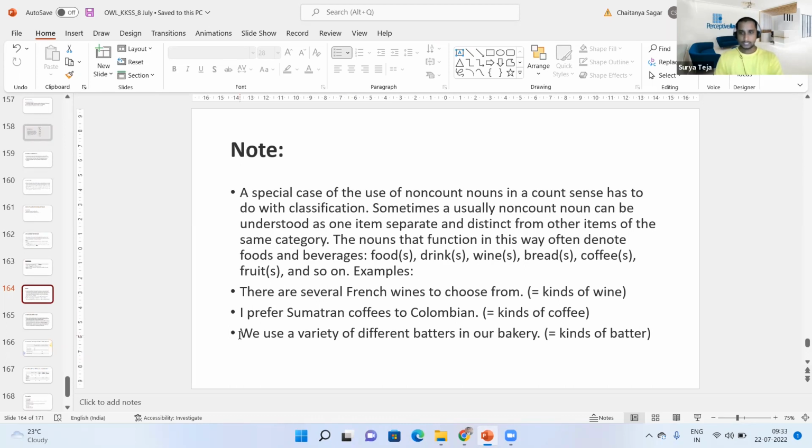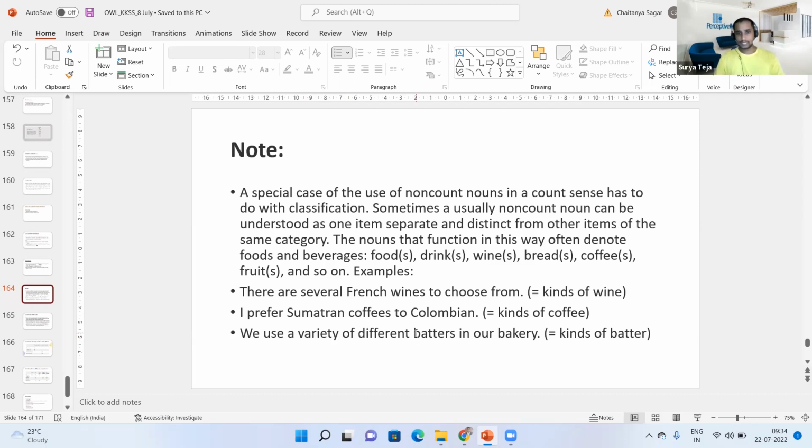If you see the third example, we use a variety of different batters in our bakery. In our previous session, we discussed that batter is actually a non-count noun because batter cannot be distinguished in general. Different types of batters can be distinguished, but a single batter we cannot distinguish unless we make it into a cake and separate it into pieces, then we can call the pieces count nouns. But in general, batter is a non-count noun.